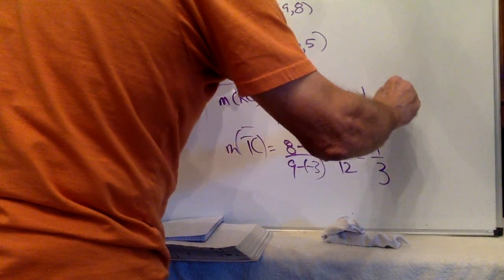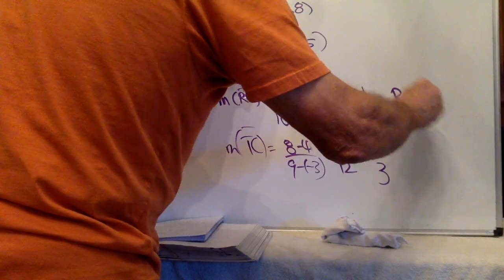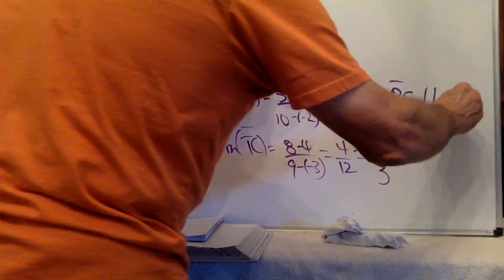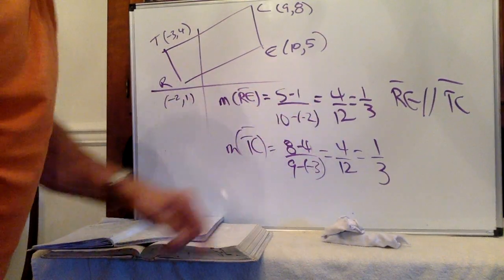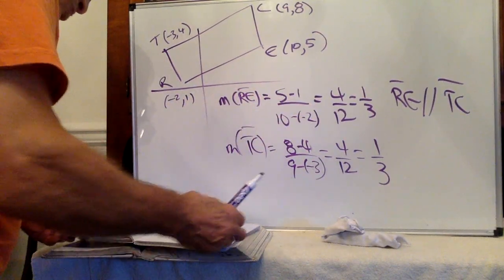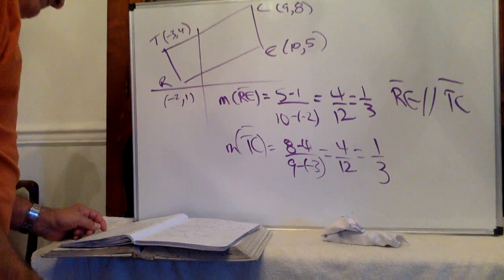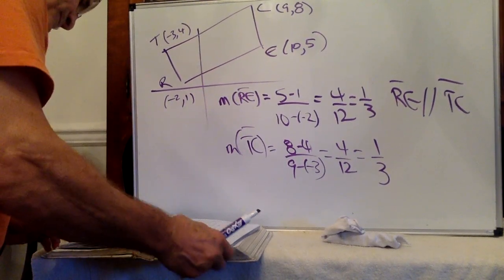Therefore, I can in fact say RE is parallel to TC. They're parallel because they have equal slopes. Lines that have equal slopes are parallel. That's part A.